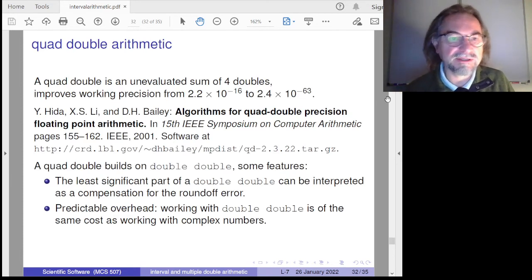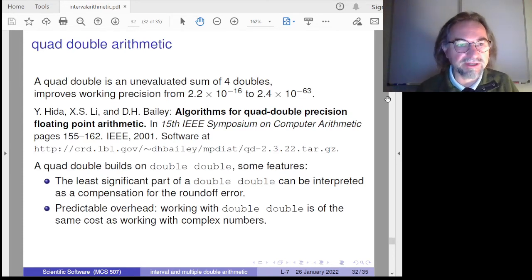So here is, in a nutshell, what it is. I learned about it via the QD library. So that's my first reference.